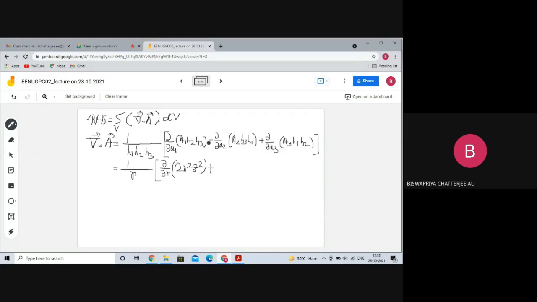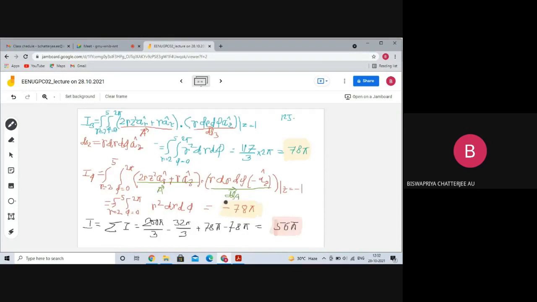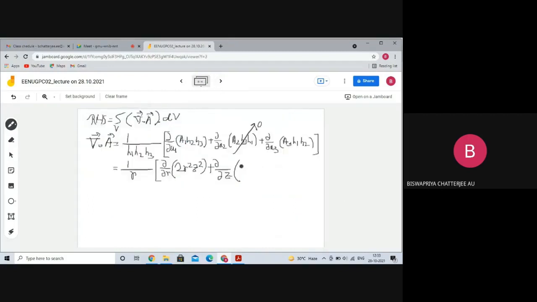Plus del del phi, you know a2 is 0, so this term will be cancelled, no need to write it down. The last term will be del del z of a3 h1 h2. Now h1 h2 means r, and a3 is nothing but r, only r. So r into r, so r square.